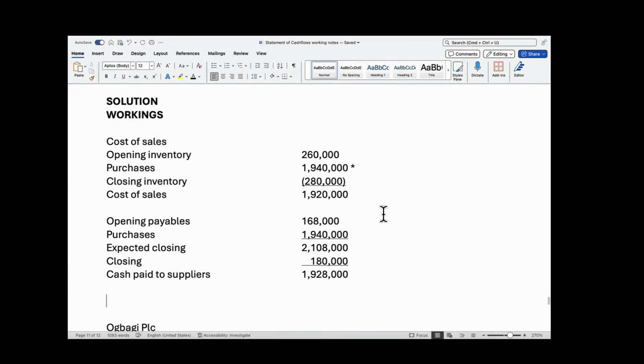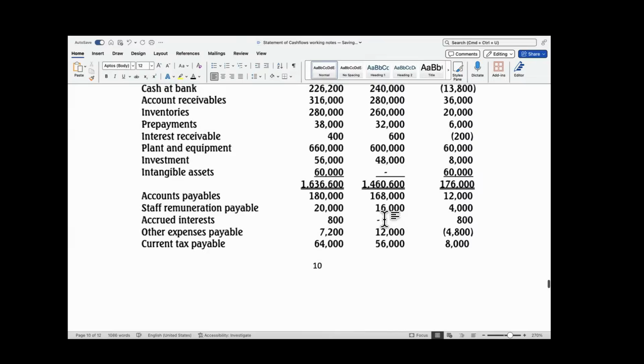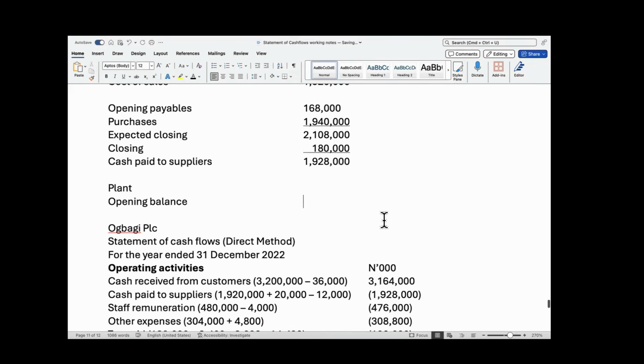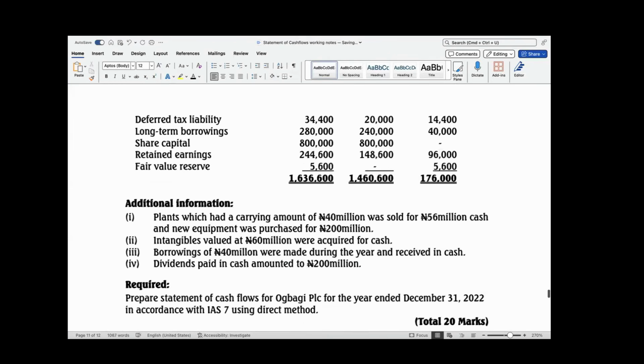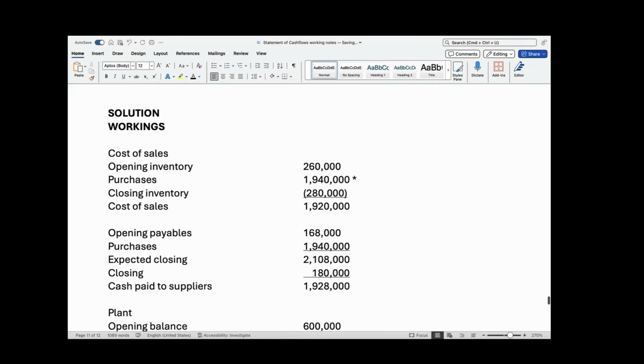For these plants, the opening balance here for this plant was 600, which is carrying amount. And there was a disposal of 40.